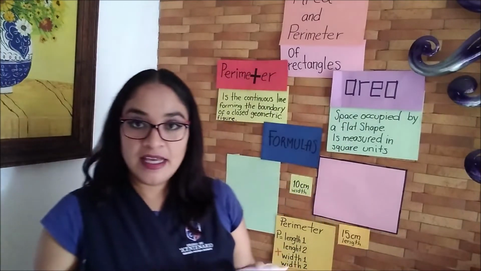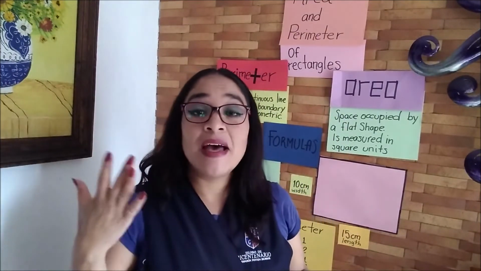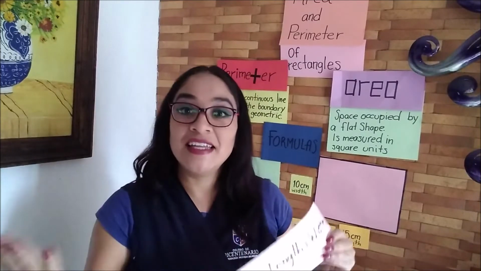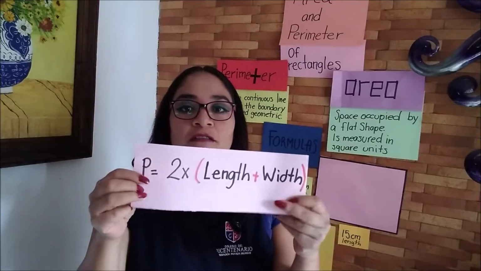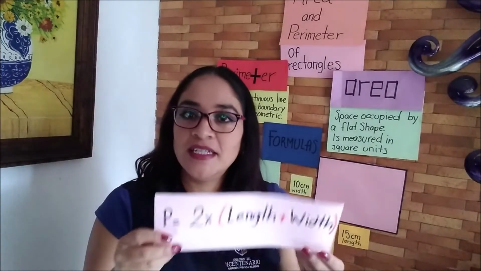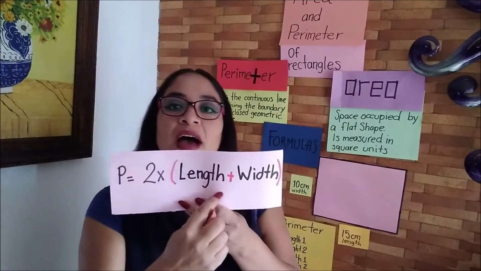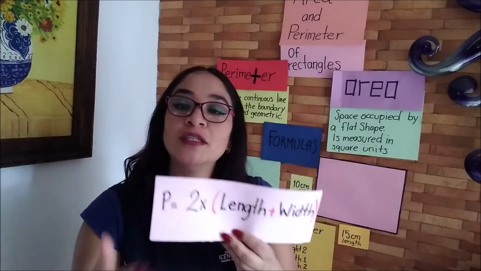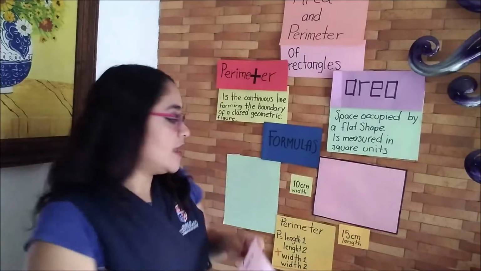But also we have this that is the same, guys, but please use the one that you find easier to manage, okay? So this is another formula. As I told you, it's the same because you're going to add once the length plus the width, and then you will have to multiply it by 2, okay?